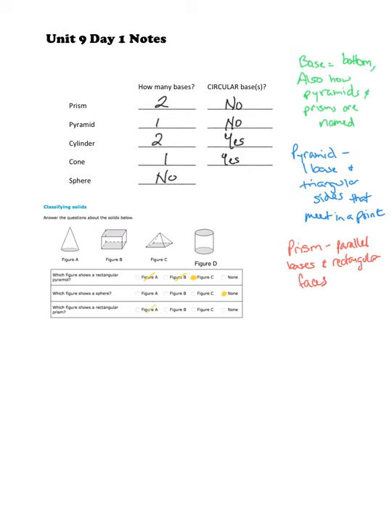Well, that lets out figure A and that lets out figure C. We're left with B and D. D, well, the bases in D are circles, so that's a cylinder. The bases in B are rectangles. Yay! So we have an answer. Remember, the name of the shape tells you what the base is. All right, let's go to the next page.